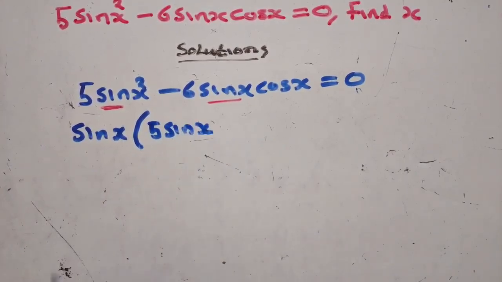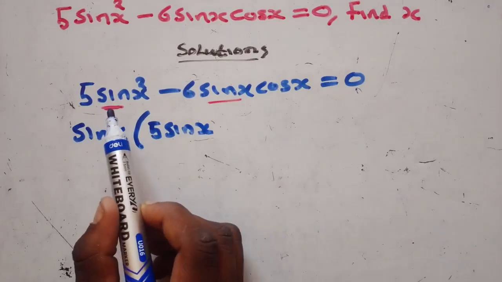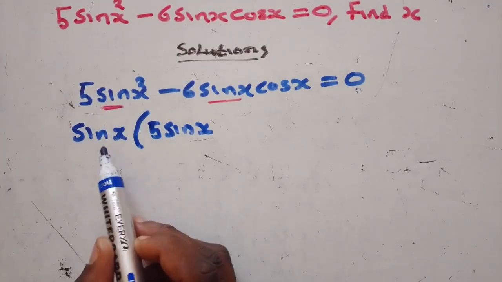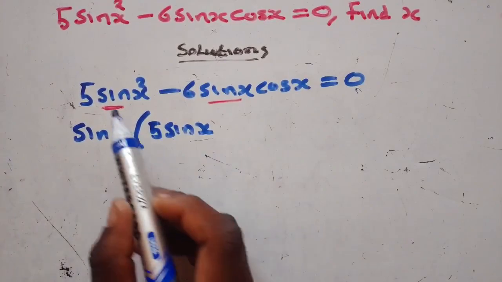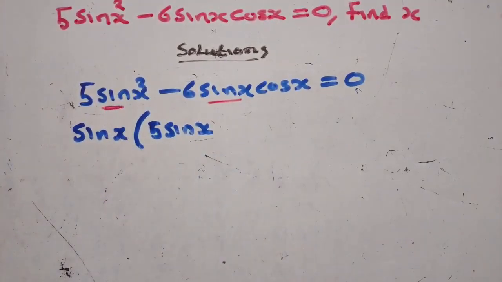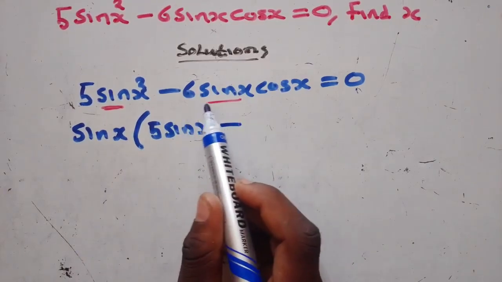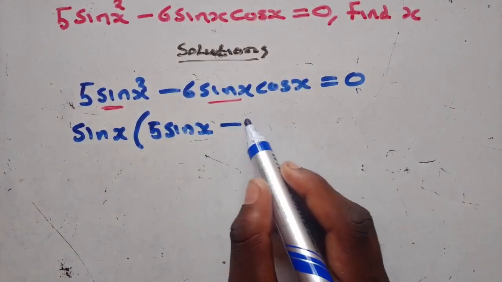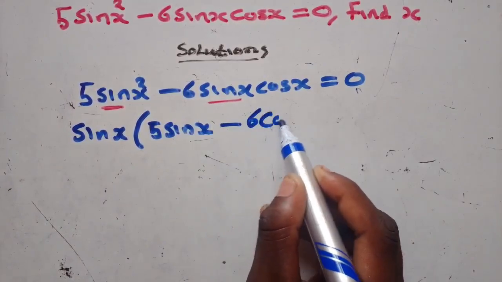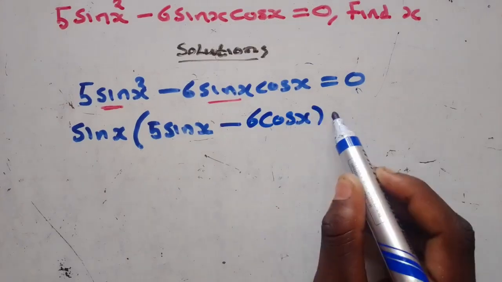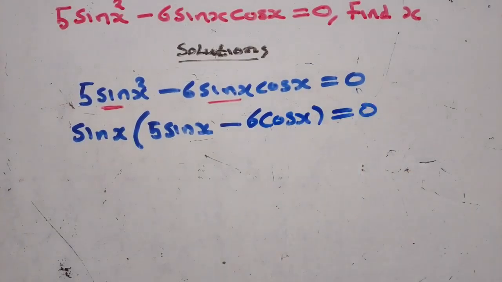Make sure that if you multiply this and this, they will take you back to this point. So sine x multiplied by 5 sine x gives 5 sine squared x, minus sine x into negative 6 sine x cos x, so we remain with negative 6 cos x, which is equal to 0.